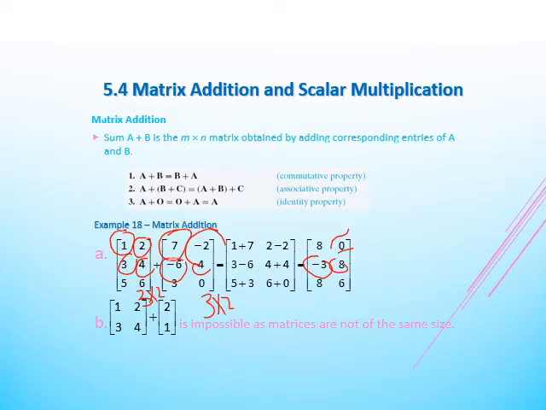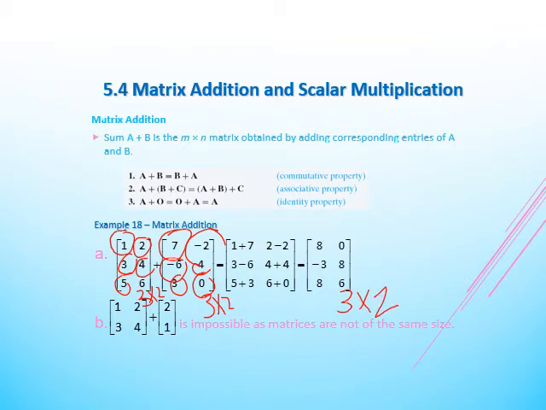Finally the third row: 5 added to 3 in the second matrix will be 8, and finally 6 added to the corresponding number in the other matrix equals 0. Now we will have the result in the same size also, which is 3 by 2, because we add two matrices with the same size.